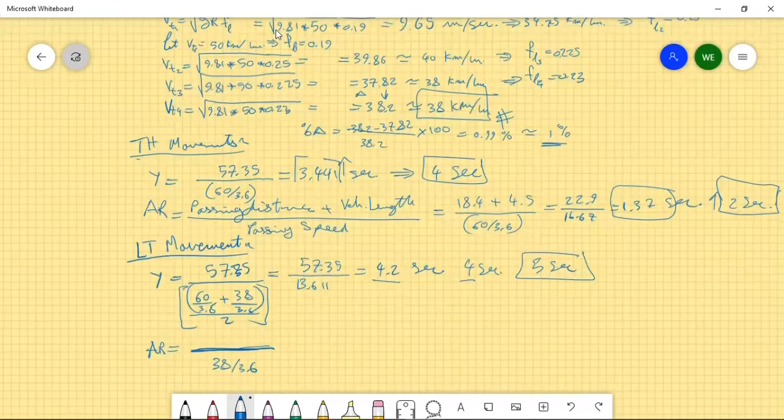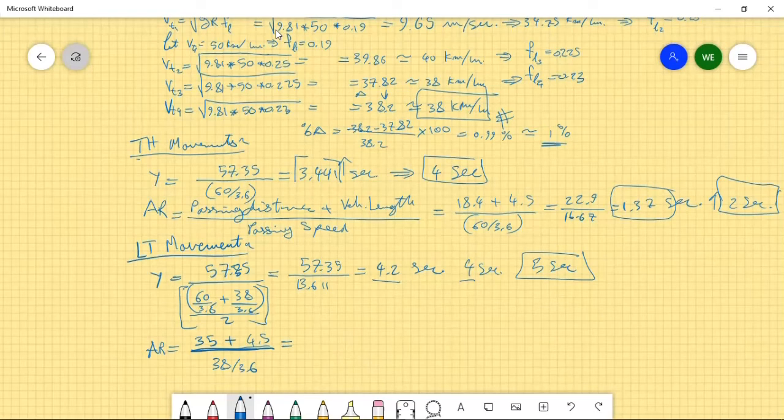So we have arc length 35 plus 4.5, that's vehicle length, divided by 38 divided by 3.6.